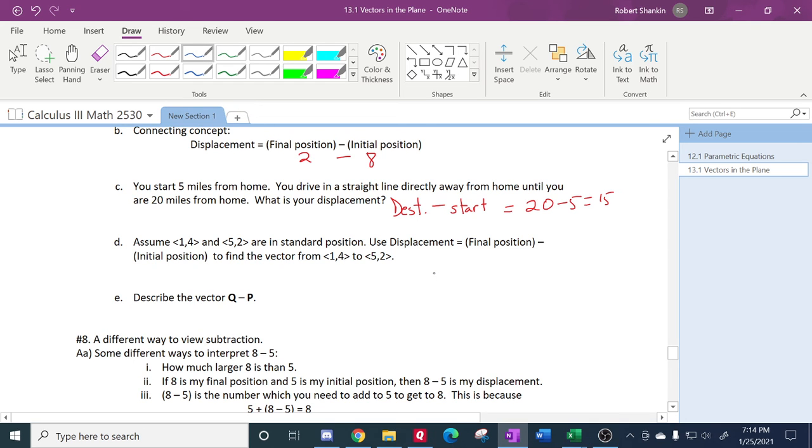We said that it was, with the brackets, 4 comma -2. And how did you get that? Like what we talked about earlier, if you're going from 1, 4 to 5, 2, you can just flip them and subtract them. So 5 minus 1 is 4 and 2 minus 4 is -2.